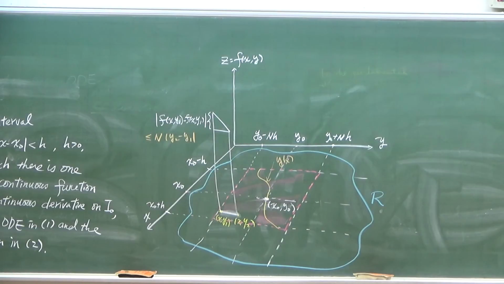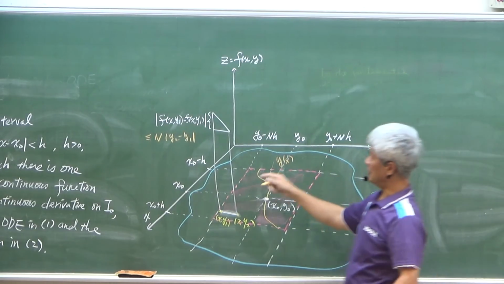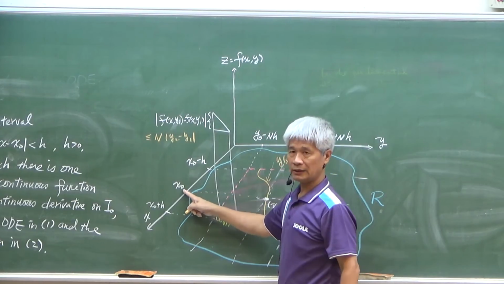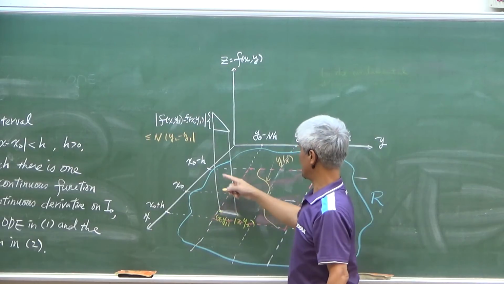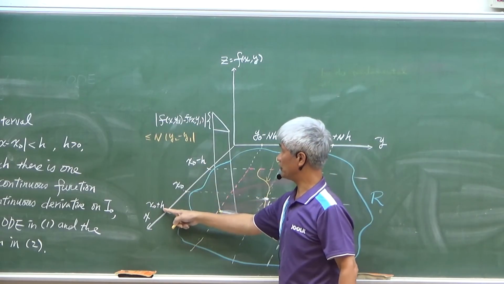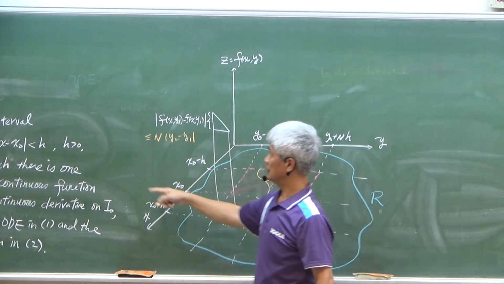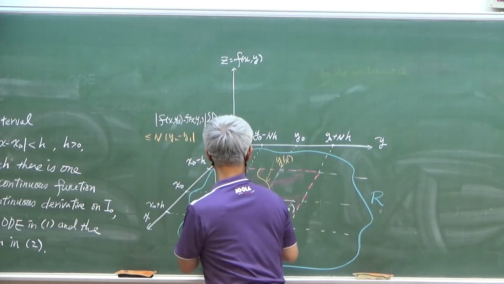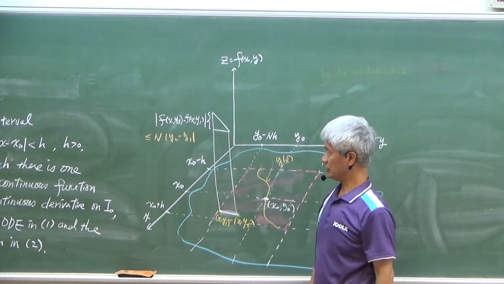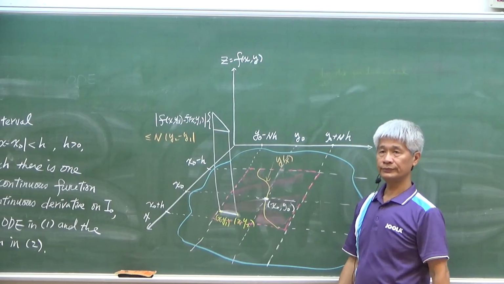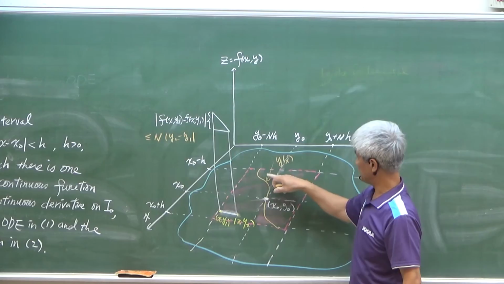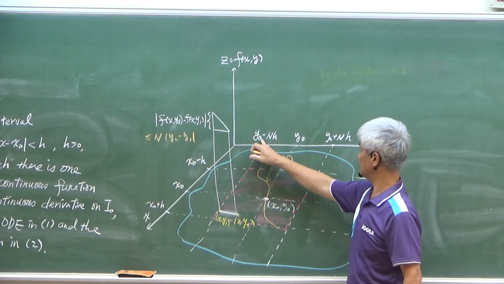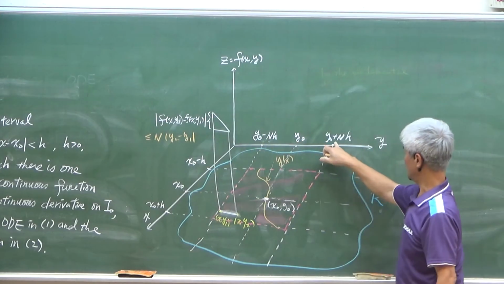If both conditions are true, then there exists an open interval around x0, from x0 minus h up to x0 plus h. On this interval, there exists a continuous function y. Very interestingly, the value will be between y0 minus Nh and y0 plus Nh.